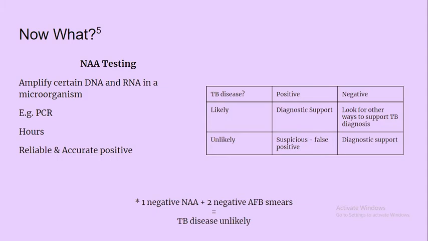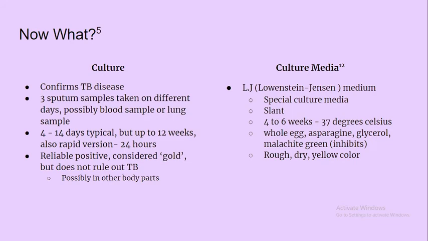And if you have a negative, it helps support that maybe you should be looking at something else to support your TB diagnosis, like basically a false negative. But this can also be used along with 2 negative AFB smears to contribute to the fact that your TB disease diagnosis is unlikely.